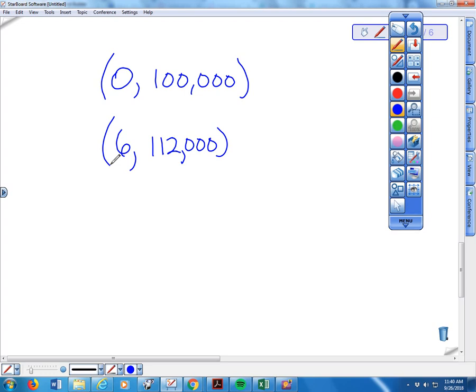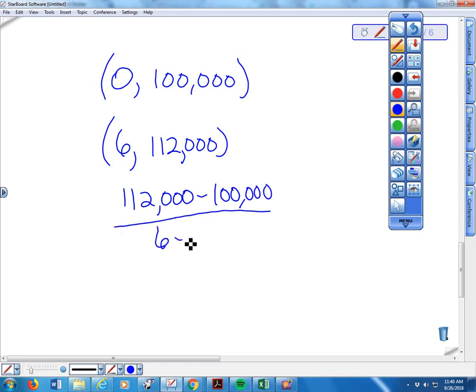1 point is actually the y-intercept, isn't it? Because it happened when x is 0. So the y-intercept for this equation must be what value? 100,000. So it's only going to be A or D. Now I've got to narrow down the slope. Well, how do I find the slope if I'm given 2 points? y2 minus y1 over x2 minus x1.